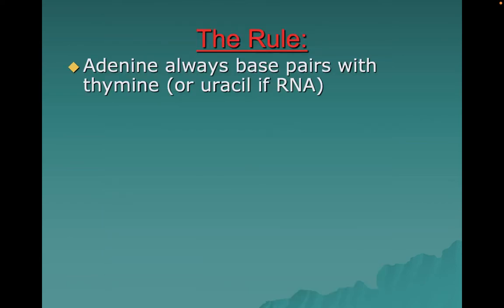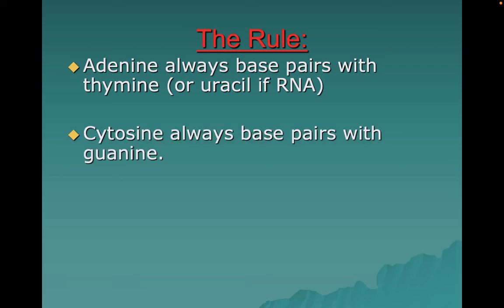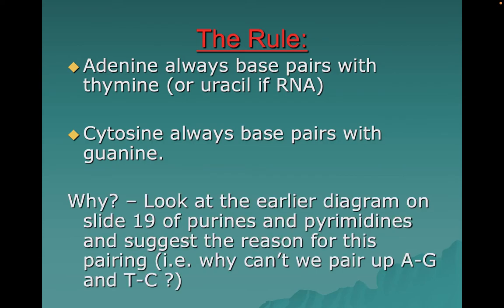So going back to my rule, the complementary base pairing states that adenine always base pairs with thymine, or it will be uracil if you're talking about RNA, and cytosine always base pairs with guanine. Now, why is that?